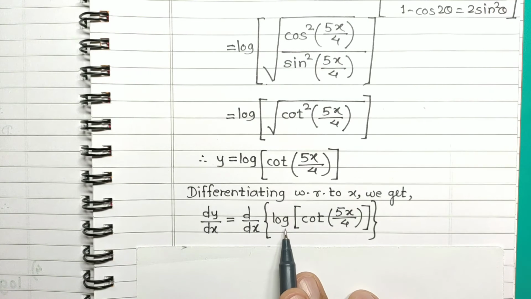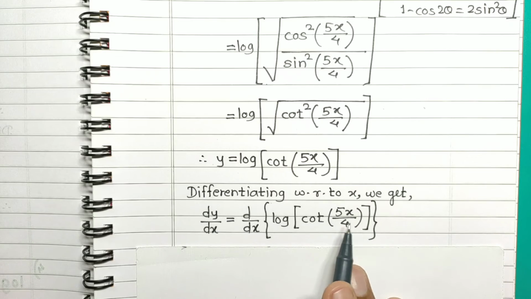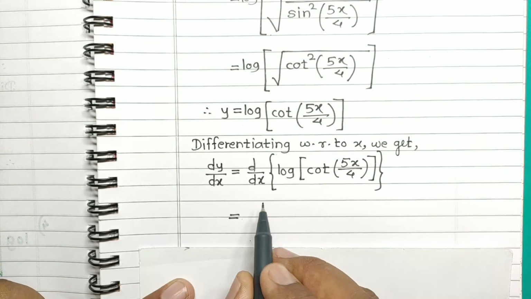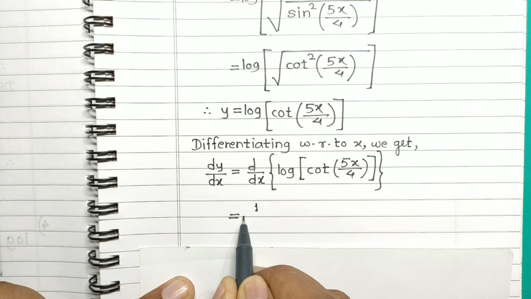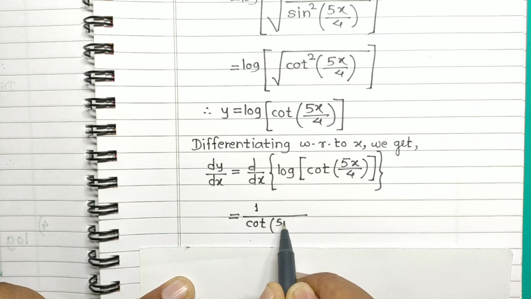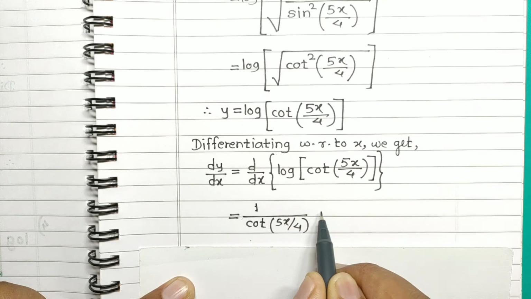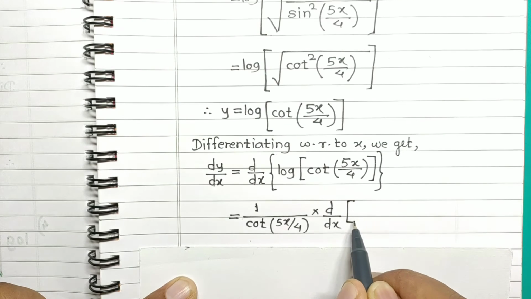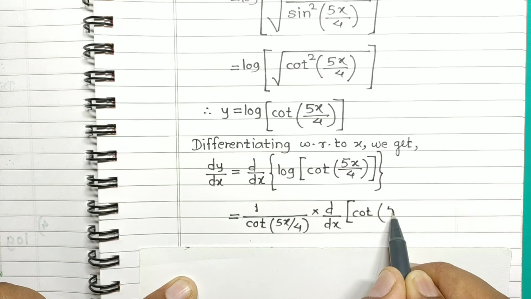So let's treat it as log of something. So derivative is 1 upon something, and that something function is cot of 5x by 4, into derivative of something, which is cot of 5x by 4.